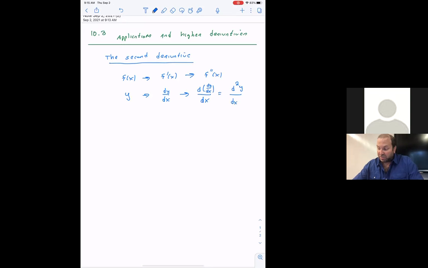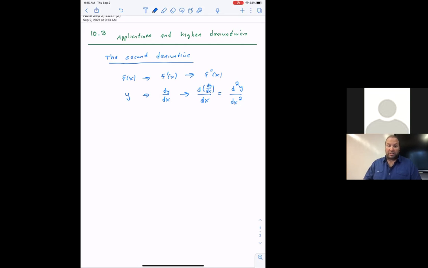So it's dx, and it should be in parentheses squared, but the notation that we use is just d squared y over dx squared. That's just our shorthand notation for the second derivative of y with respect to x.